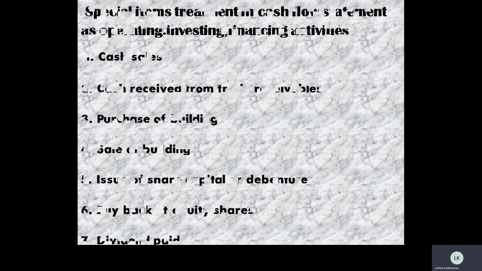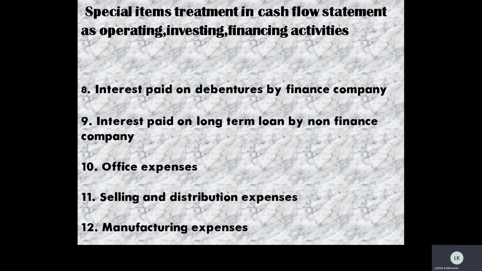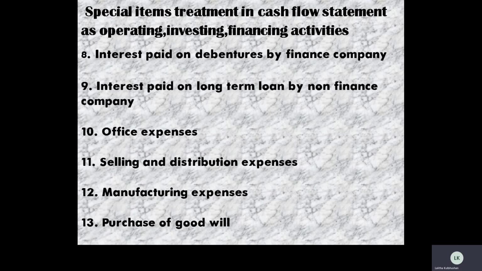Okay, so now the next is the sum of a few items. Here it comes as interest paid on debentures. Okay children, interest paid is the same as we discussed earlier, but remember there is a term mentioned here: interest paid on debentures by a finance company. In case of a finance company, this interest paid is referred to as its operating activity.